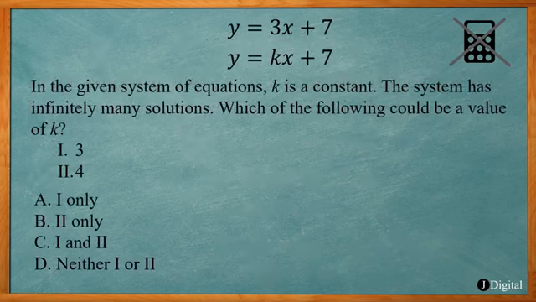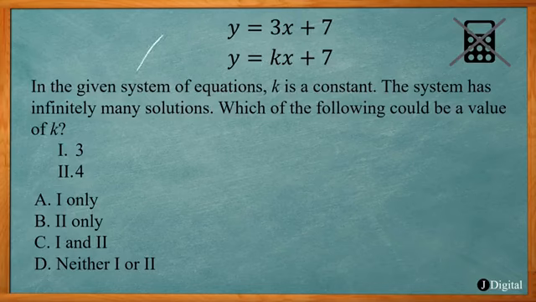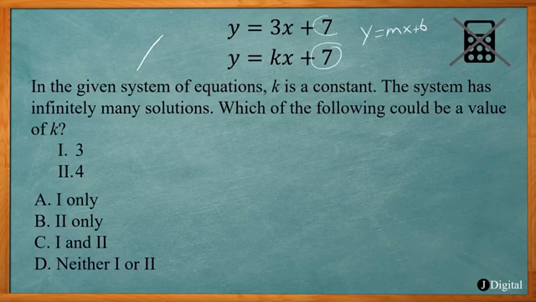In this example, it says in a given system of equations, k is a constant. The system has infinitely many solutions. Which of the following could be a value of k? So remember, infinite solutions, the same line, and also the same y-intercept. So here we're already in the y equals mx plus b form, where b is your y-intercept, so they're both 7.